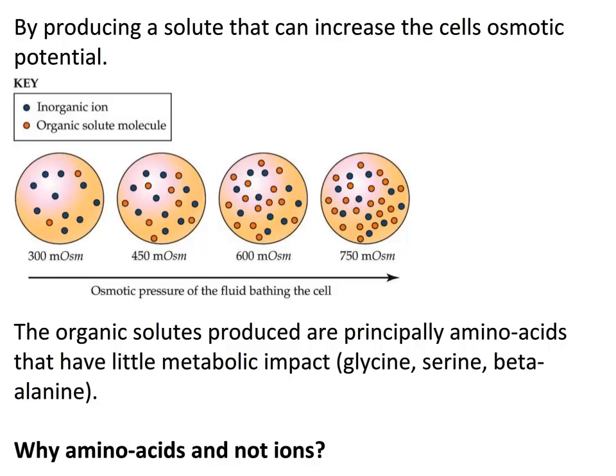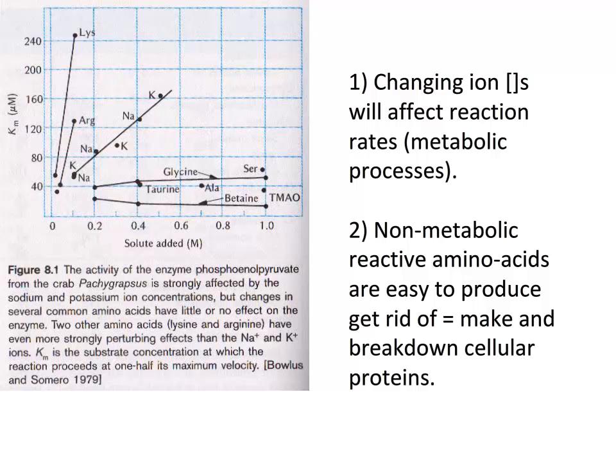Why don't they just put more potassium or sodium into the intracellular fluid? Well, if you think about it, the most abundant ions we normally talk about are sodium and potassium. Do we really want to excrete sodium and potassium intracellularly? No, because that's going to change our membrane potential, which is going to affect how reactions occur, how we respond, cell communication, all the same.